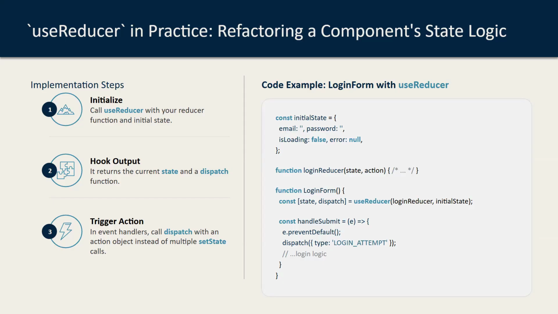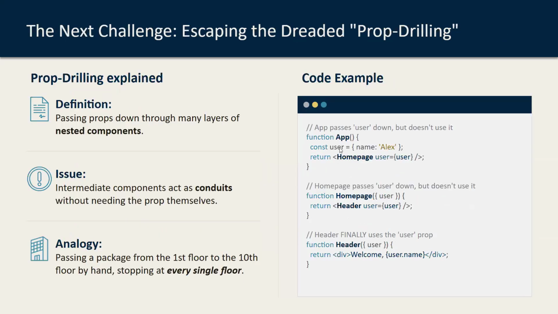And now that we've seen useReducer in practice, let's take a closer look at the next scaling issue, which is sharing state across components. This problem is often known as prop drilling.